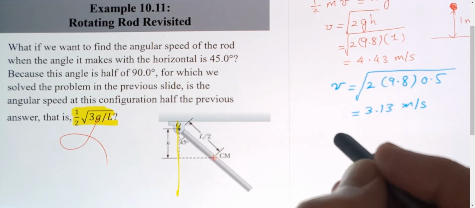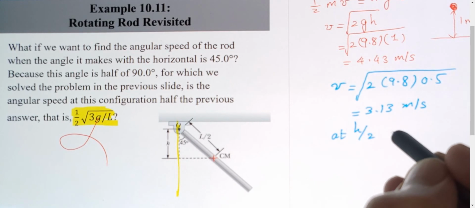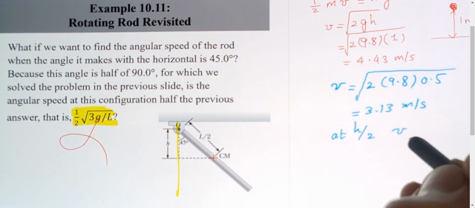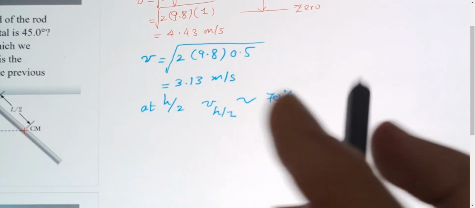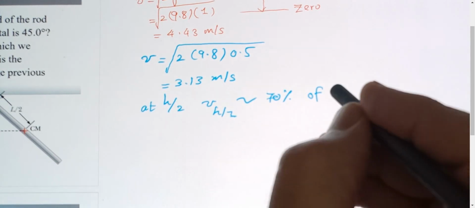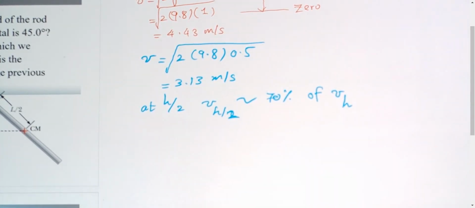So at h over 2, v at h over 2 is about 70% of V at h. Yeah, you get the concept.